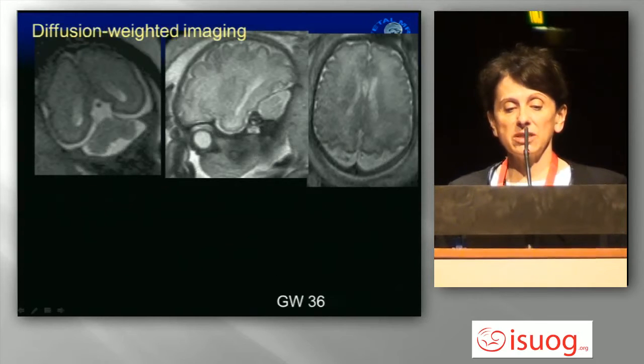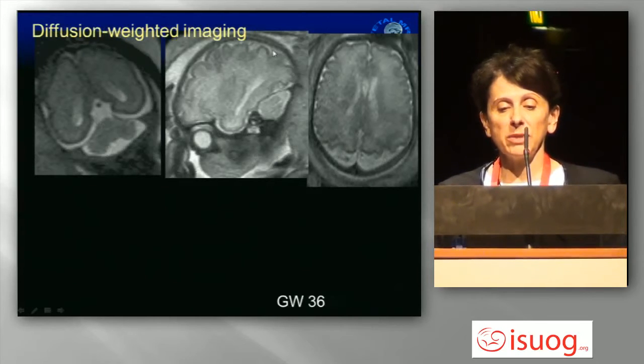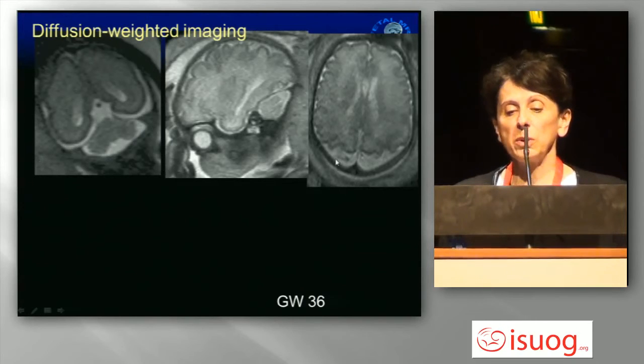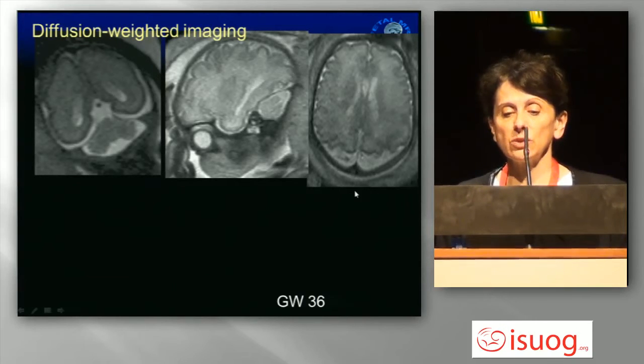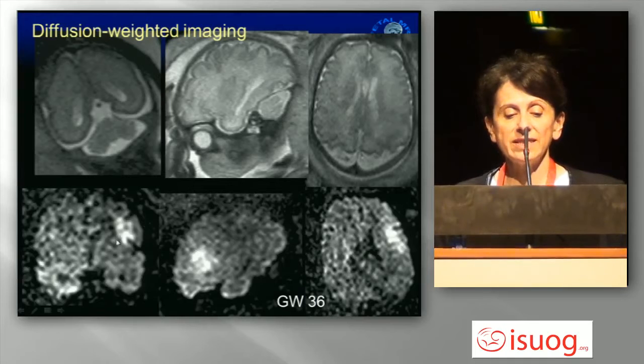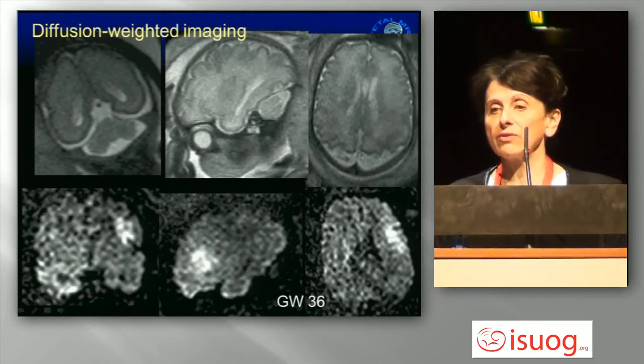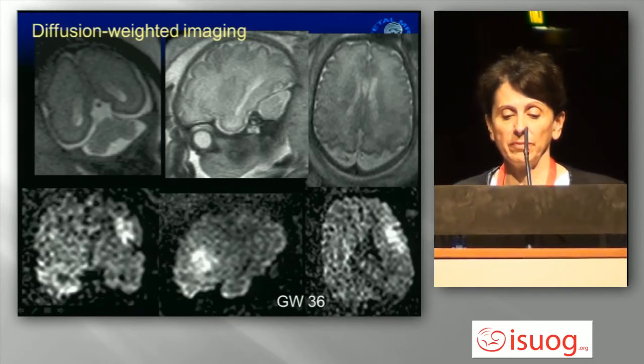So if you have good images, for instance, you can make diagnoses that you cannot make using T2-weighted images. Here, for instance, you see nothing, but here, this bright structure is a recent infarction in the boundary of the medial cerebral artery.